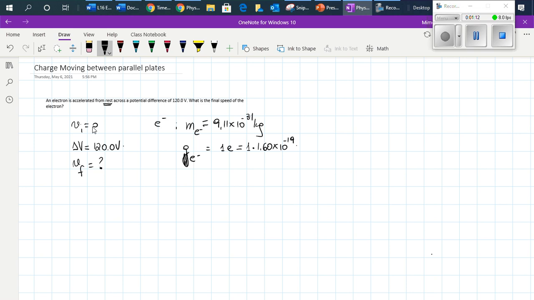Okay, so when we are dealing with cases in which the particle is moving collinear, meaning either in the same direction or opposite direction but on the same line, we are using the conservation law of energy. So let's draw a situational diagram of this problem.